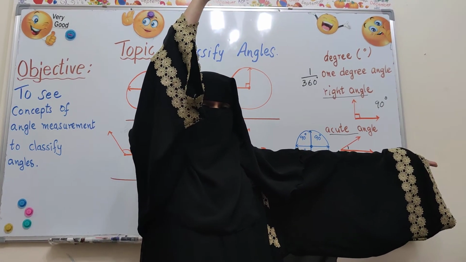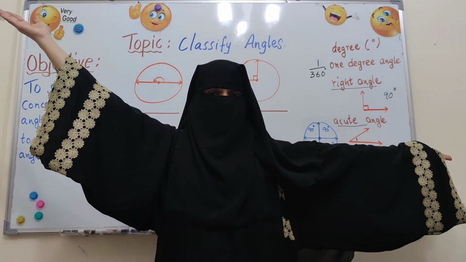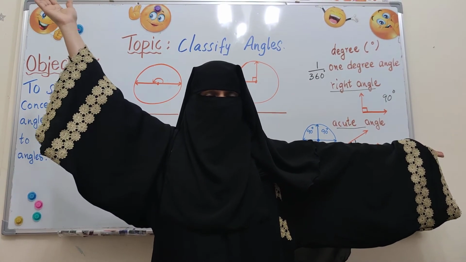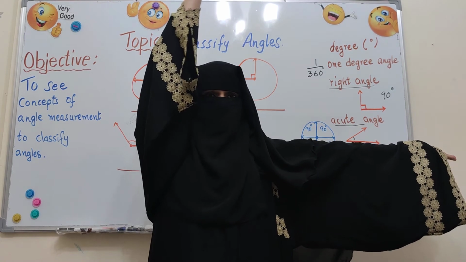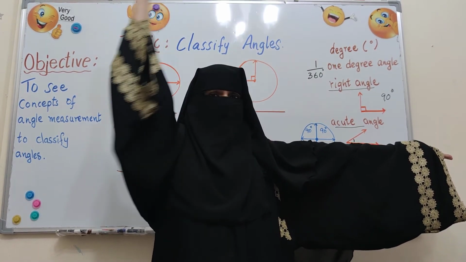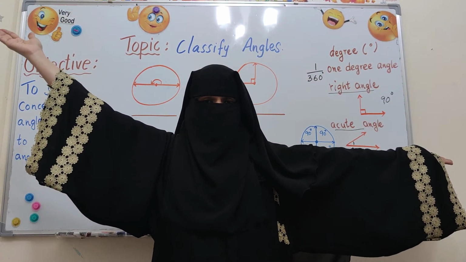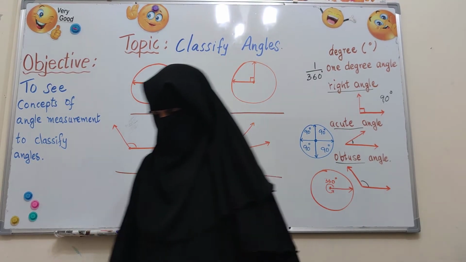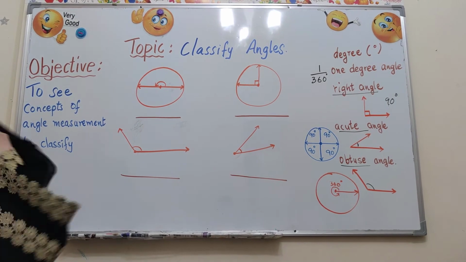When I say obtuse, I have to spread my hands to make an obtuse angle. That means it is more than 90. This is 90, right angle, acute, less than 90, obtuse, more than 90. This is how you are doing the angles. I hope it was easy using your hands.